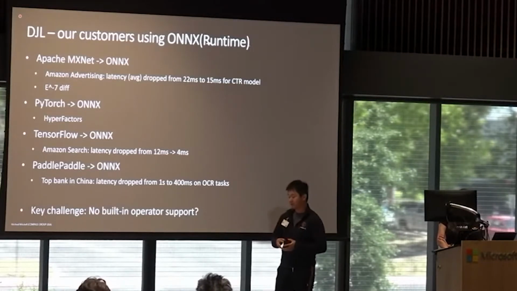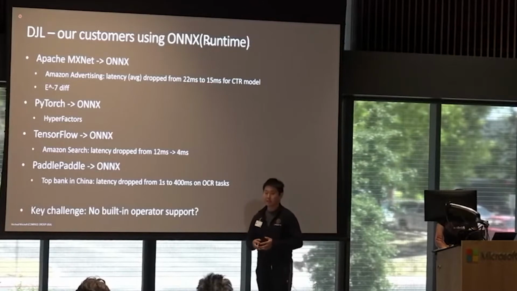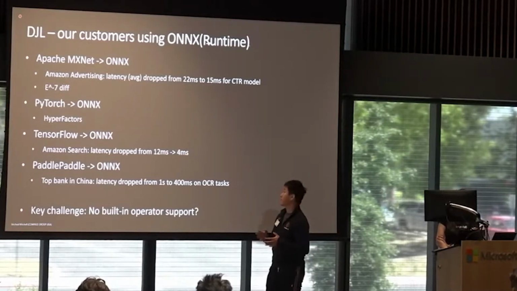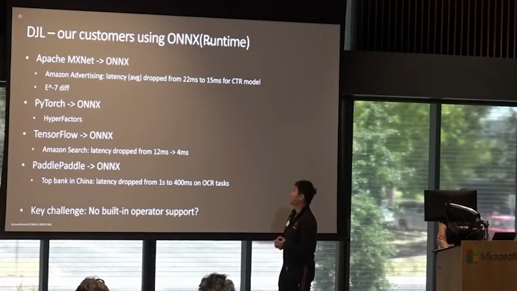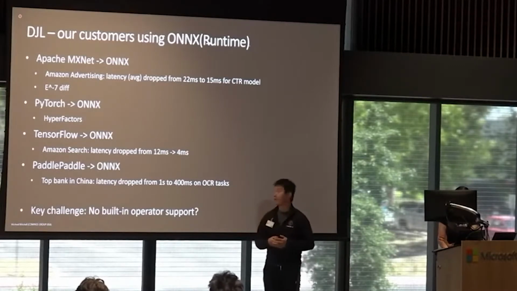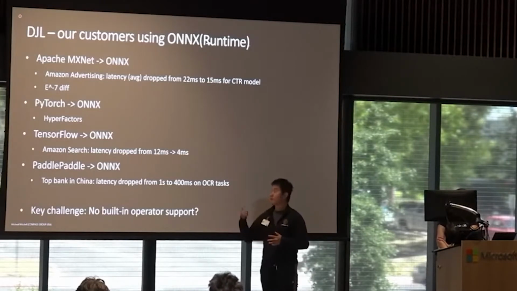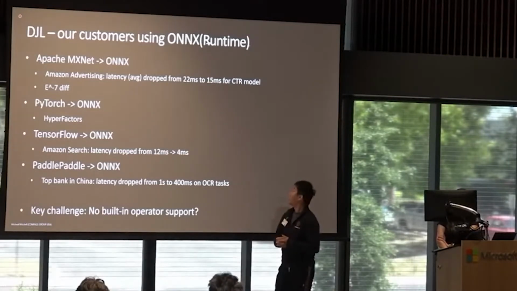Previously the latency in advertising did not meet the actual inference goal. Basically, it's like 22 milliseconds. But after switching to ONNXRuntime, it can reduce the inference time from 22 milliseconds to less than 15 milliseconds. That's basically the number at P90.